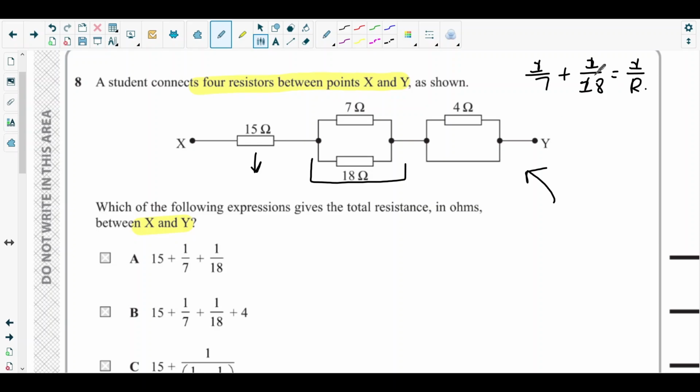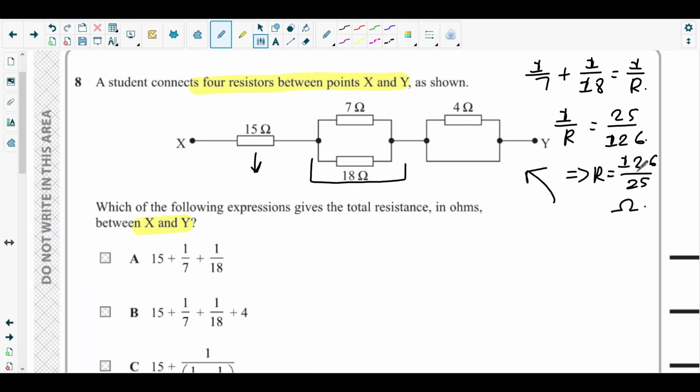So 1 over 7 plus 1 over 18 is basically 25 over 126. So 1 over R equals 25 over 126. Therefore, R equals 126 over 25 ohm.